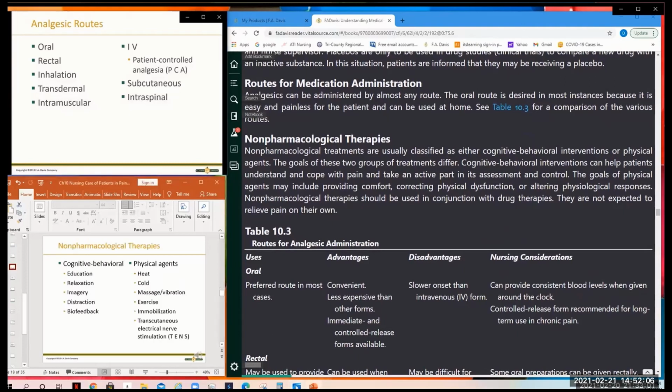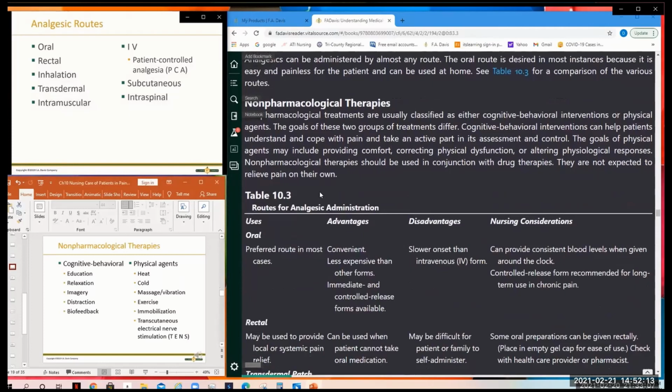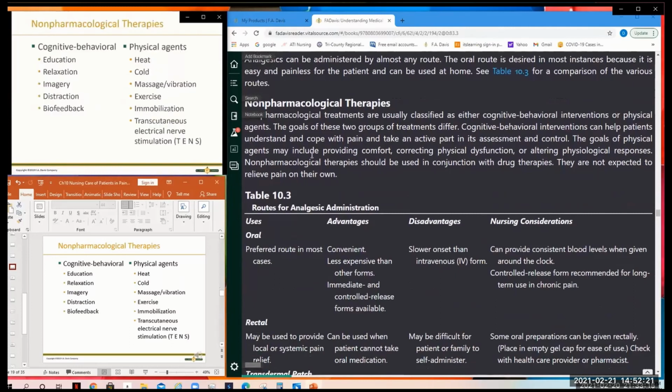Non-pharmacological therapies. Non-pharmacological treatments are usually classified as either cognitive behavioral interventions or physical agents. The goals of these two groups of treatments differ. Cognitive behavioral interventions can help patients understand and cope with pain and take an active part in its assessment and control.